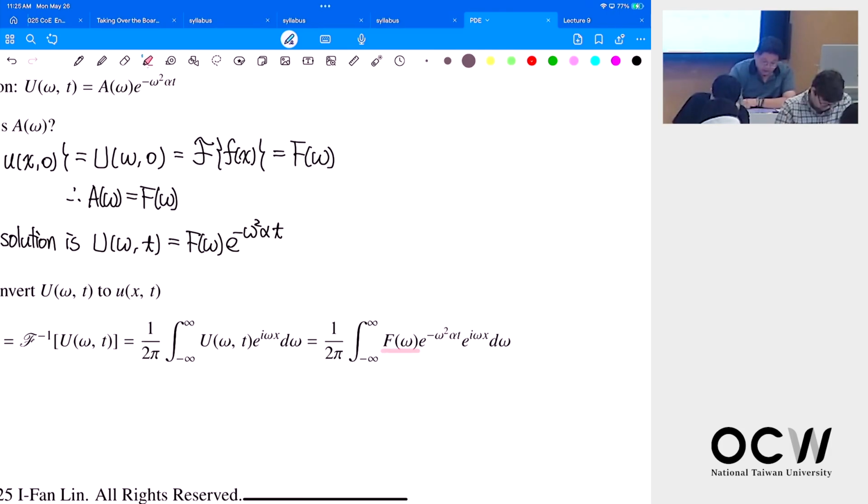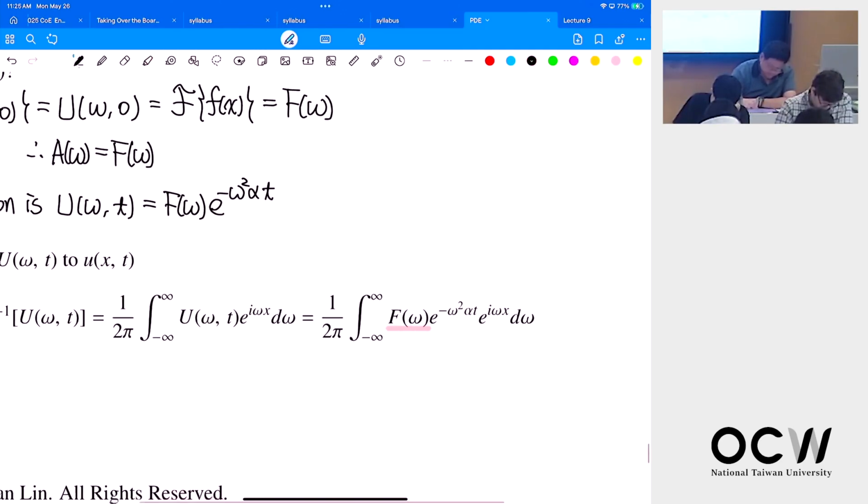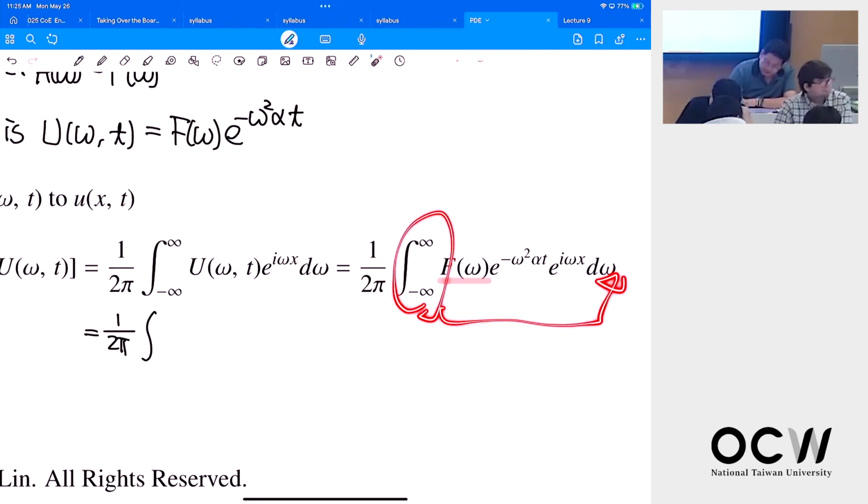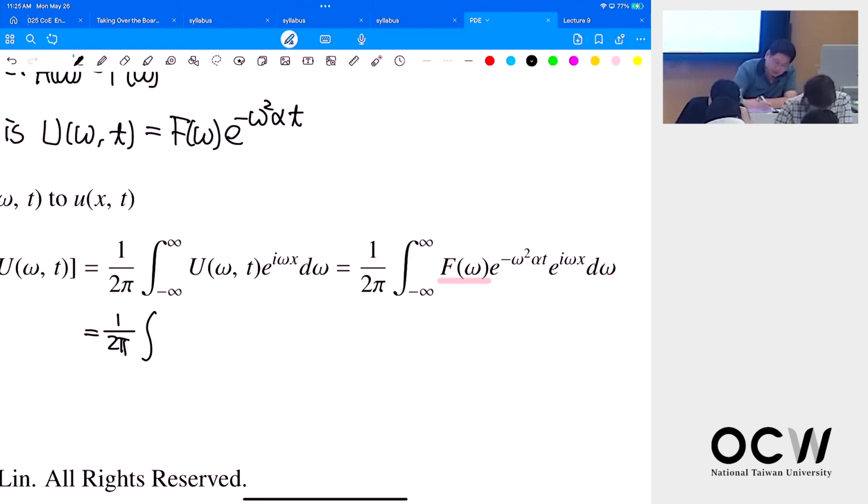So we can also express this using integration. So this is equal to 1 over 2 pi, the integral for omega from minus infinity to infinity. And then what is F of omega?